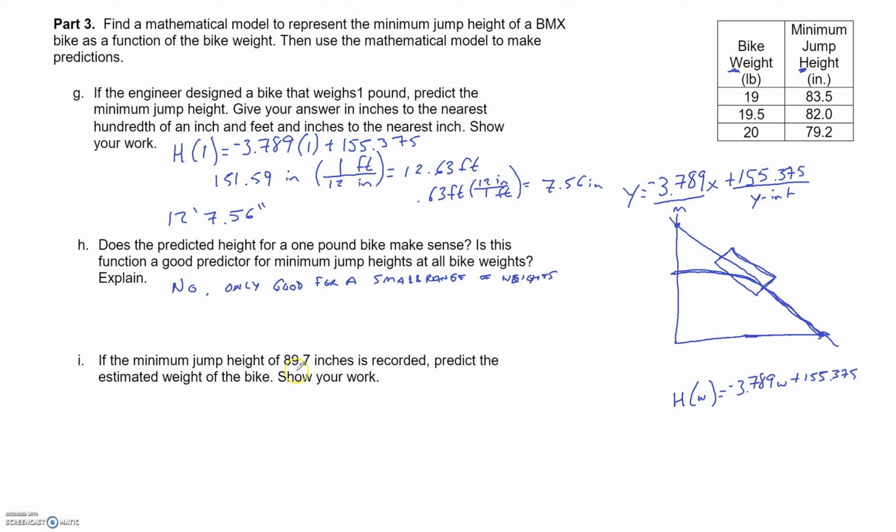If the minimum jump height of 89.7 inches is recorded, could you predict the estimated weight of the bike? I'm going to set this one up for you and leave it for you for homework. You have 89.7 inches, and that was the height of our bike, right?